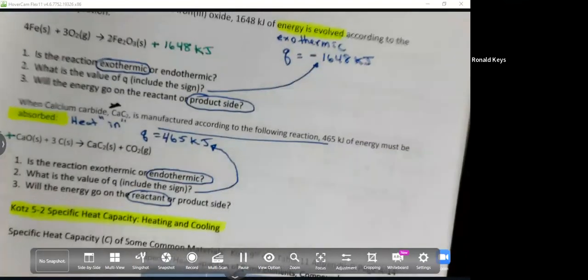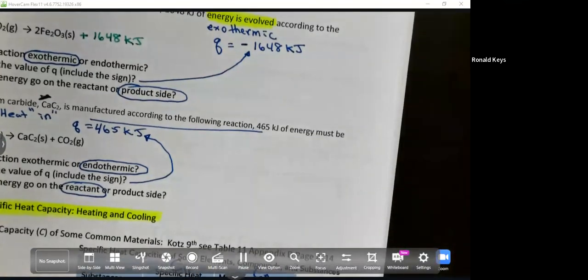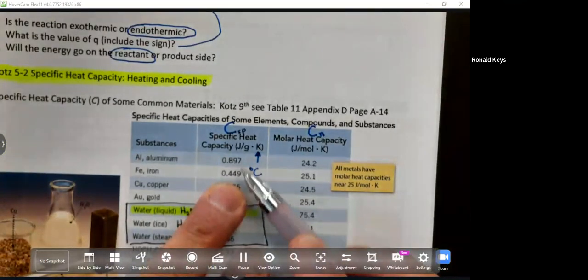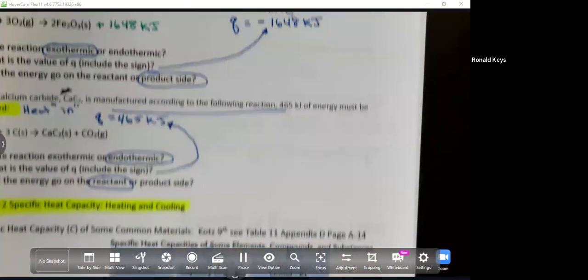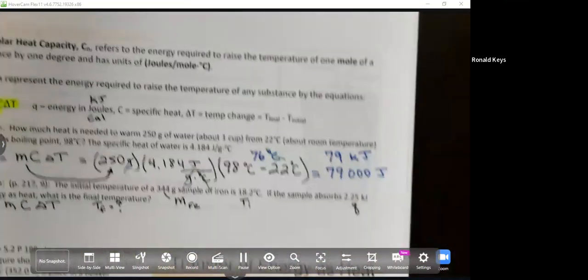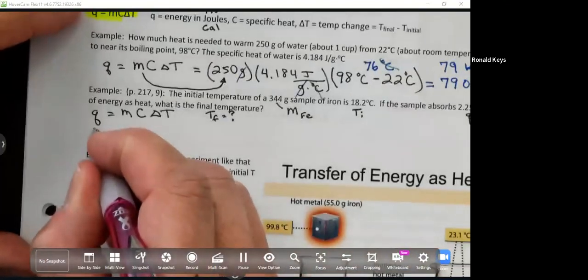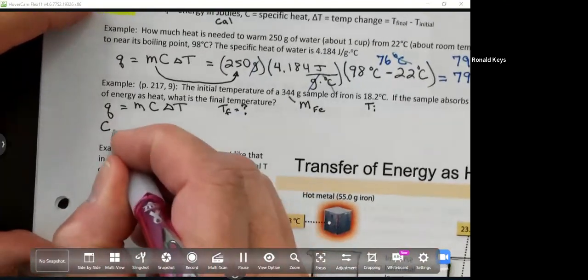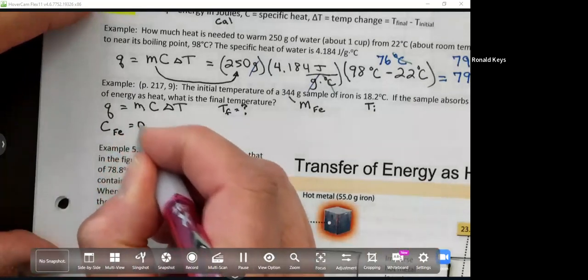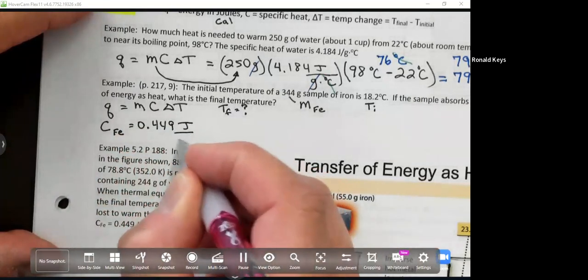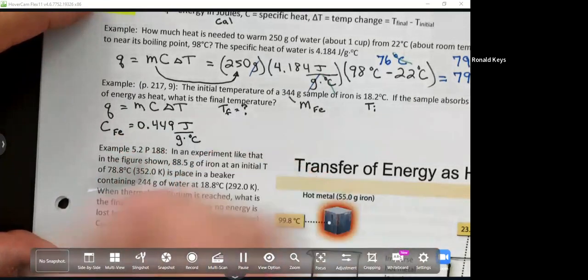Do I have iron on here? Yes. We have 0.449 joules per gram degree Celsius. So let's flip over and write that down. Specific heat of iron is equal to 0.449 joules per gram degree Celsius.